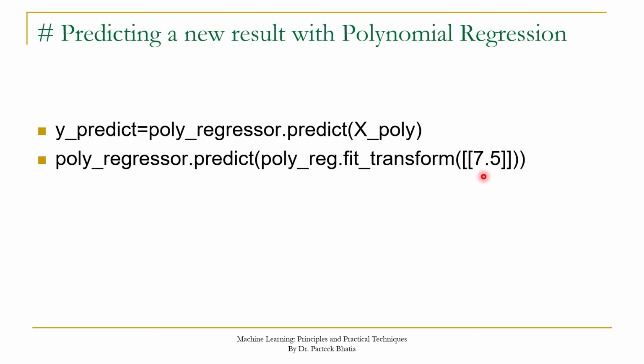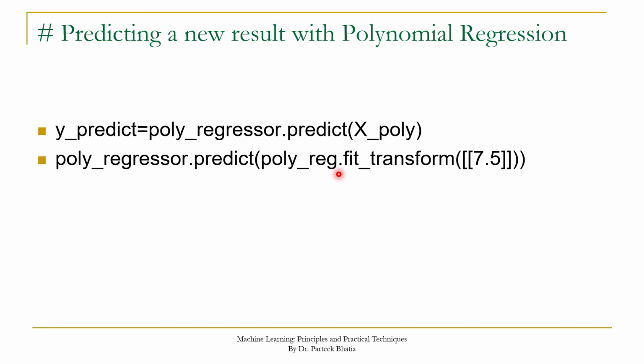In this case we have to make a prediction for level 7.5. So we are passing this 7.5 to the fit_transform method of this poly_reg object. So we are making predictions for level 7.5 by first converting it into polynomial form.